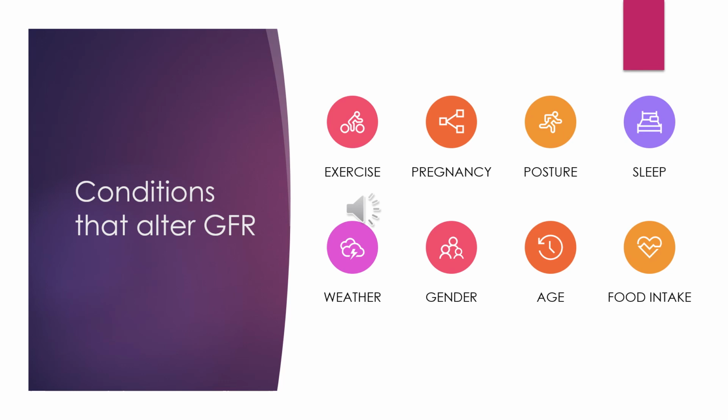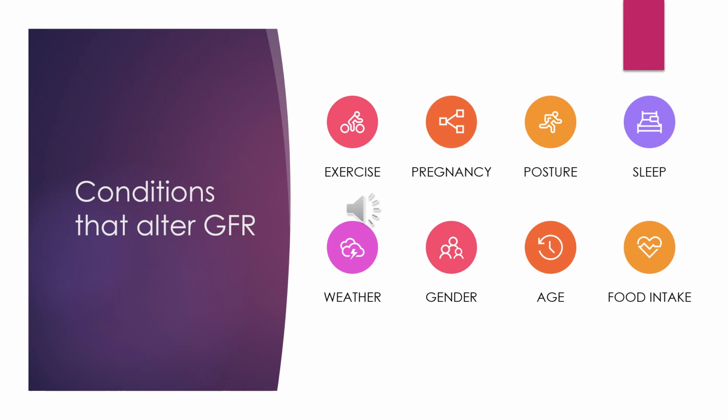Sleep. Usually in sleep, due to the decreased circulatory activity, glomerular filtration rate is less. Weather. In summer, the filtration rate is less, whereas in winter or rainy season, it is more.